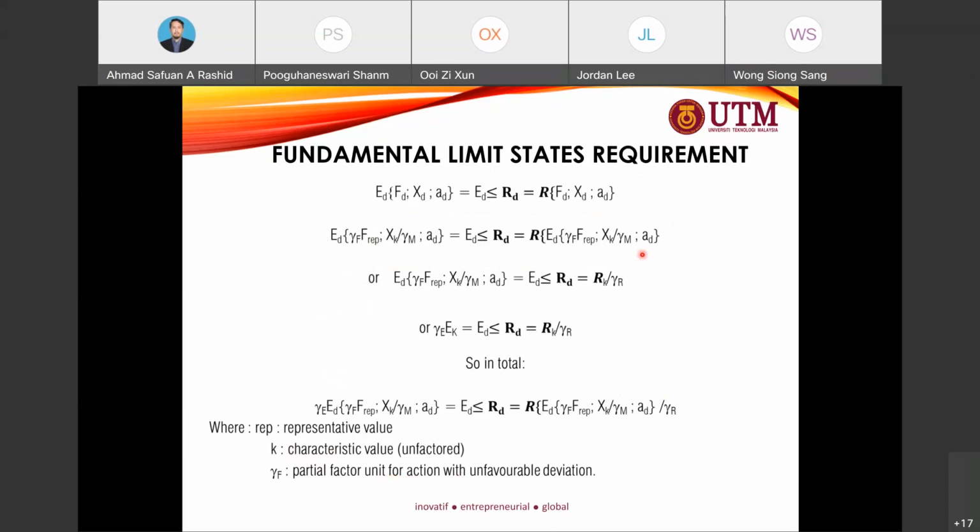So we may look at the example later in terms of how these factors are applied in getting the factor of safety value.